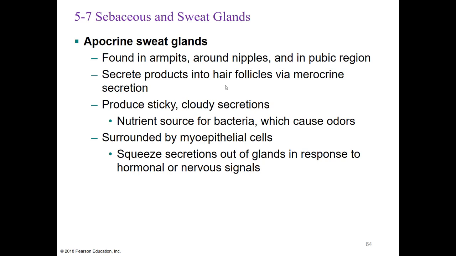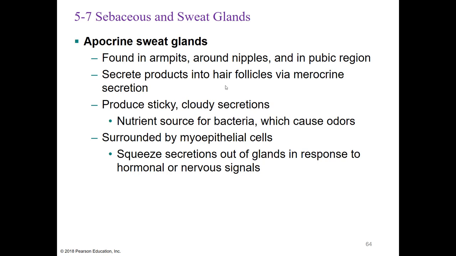These type of sweat glands produce a sticky, cloudy sweat. And this sticky, cloudy sweat is a great nutrient source for bacteria. The bacteria feed on this sweat, and the bacteria release gases which cause odors. And so that's what we affectionately call body odor, or BO. And we definitely know that these kind of sweat glands live in the armpit.